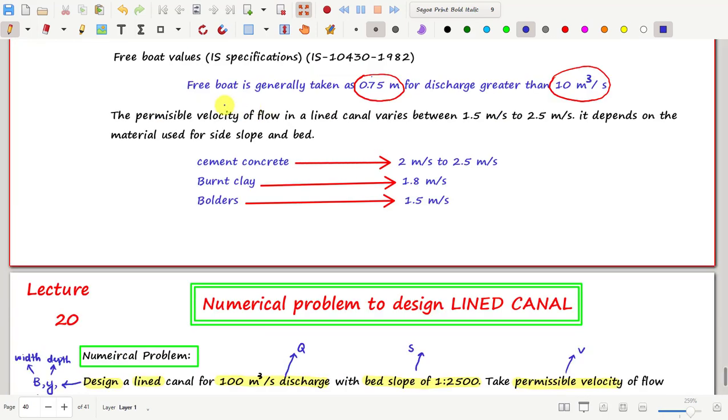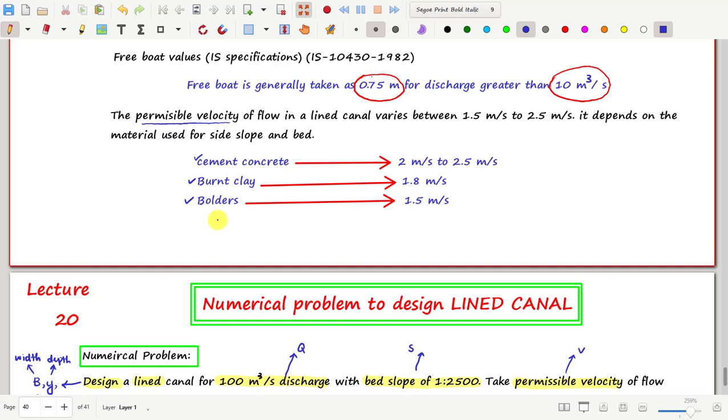We have values, right? See, in the previous lecture we have discussed permissible velocity. If it is given to you, then it's fine. If it is not given to you, we need to take these values. If the canal side slope and bed of the canal is made up of cement concrete, then we will take permissible limit between 2 to 2.5, for burnt clay 1.8, and boulders 1.5.